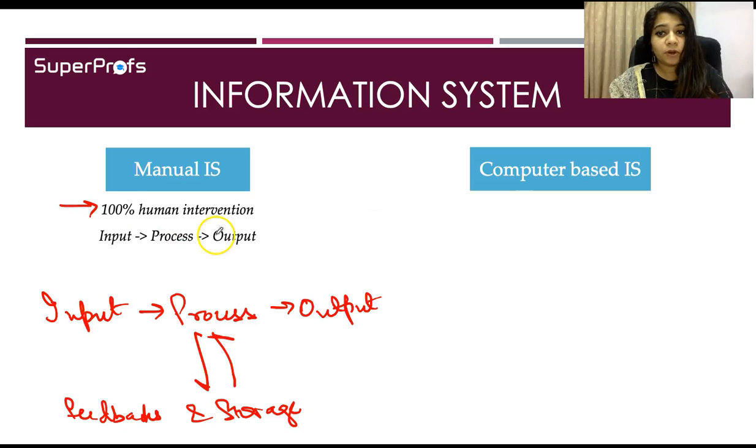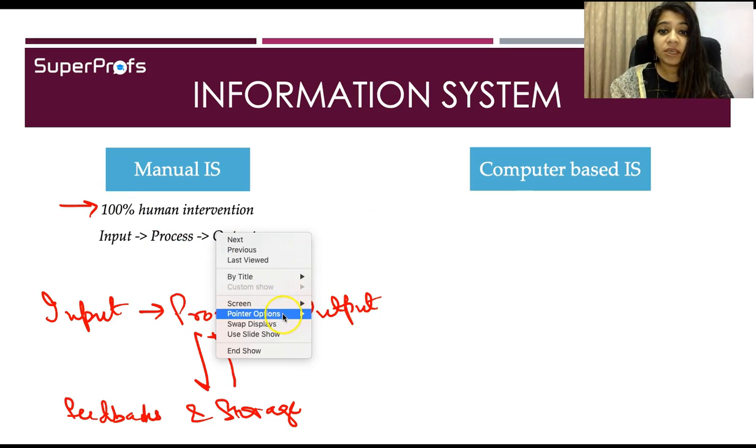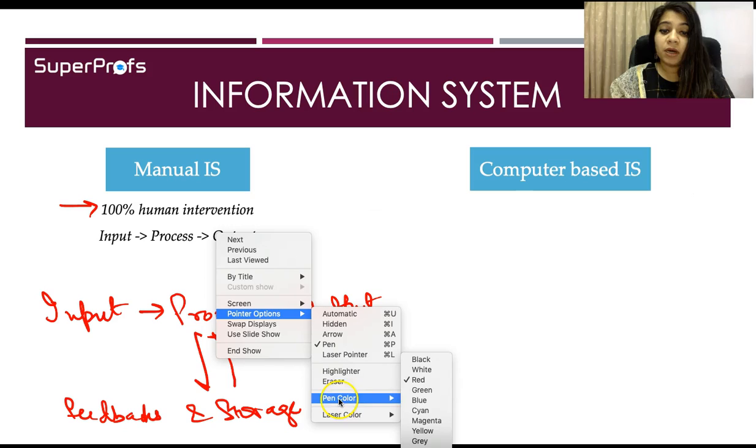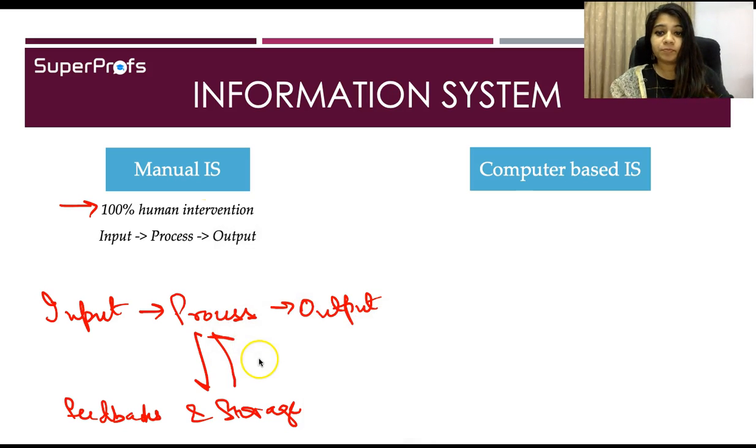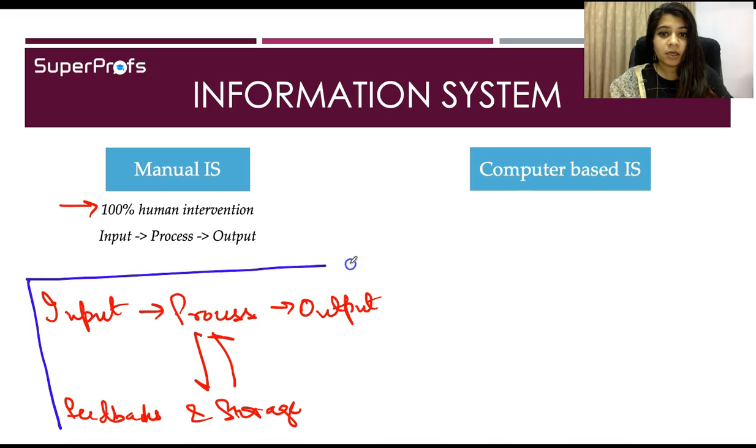If this complete process is being taken care of by a computer, all right, in that case it is a computer based information system.